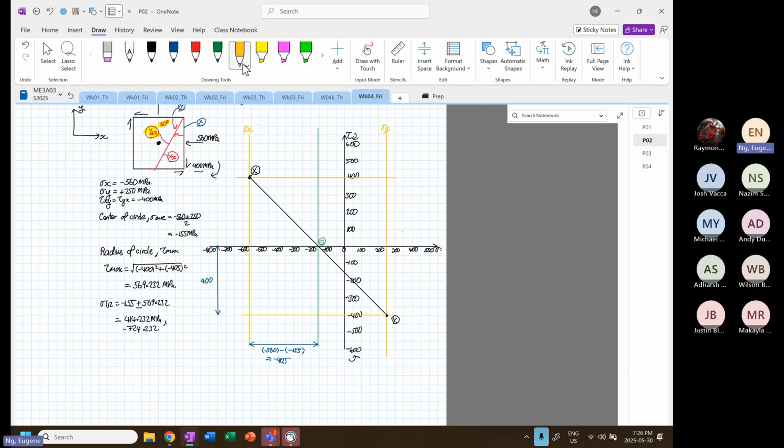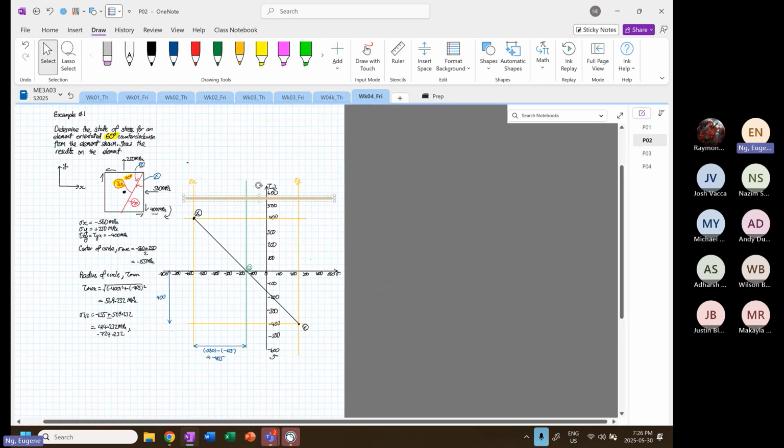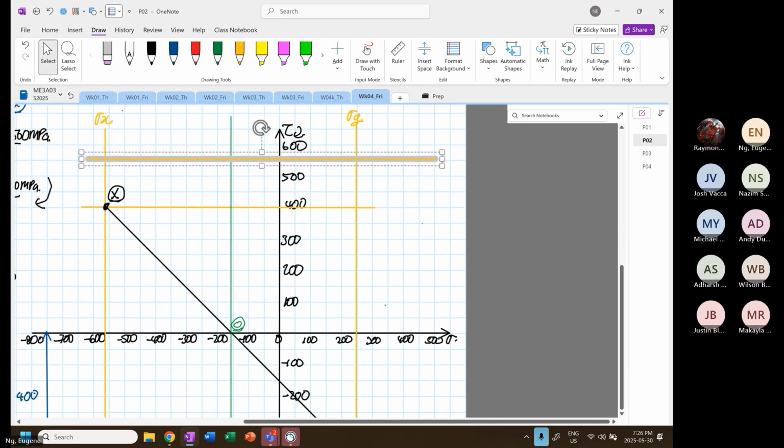Okay. So we know that tau max is 569. So I'm going to sketch our tau max value, right? So tau max is at 569. So this is our... Nope, sorry. 550.